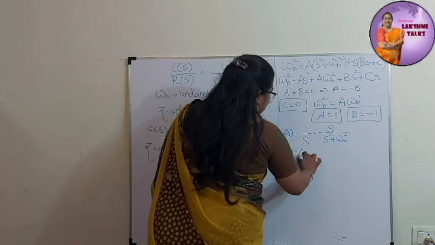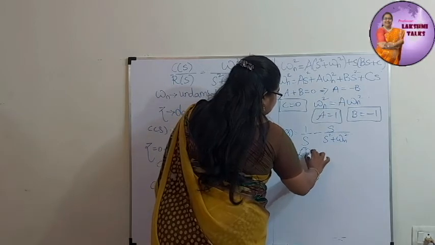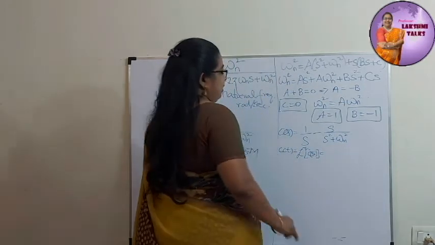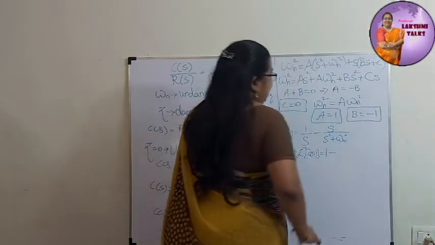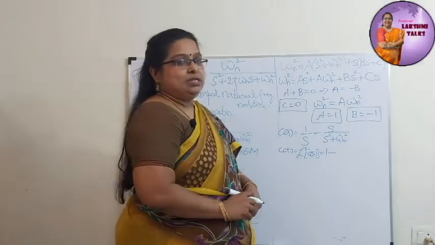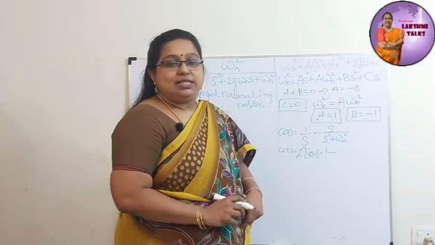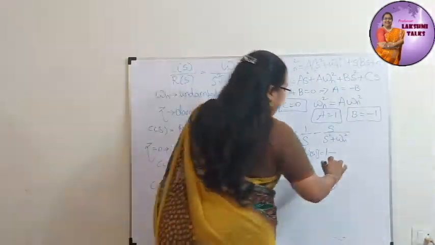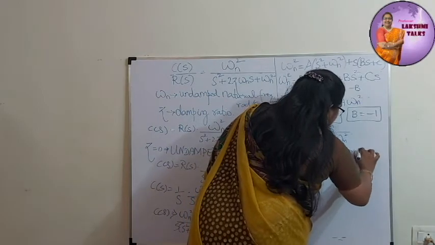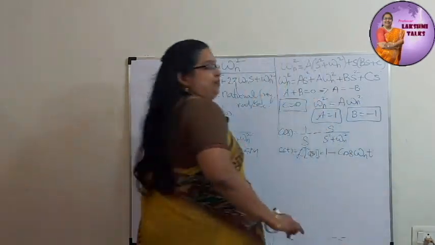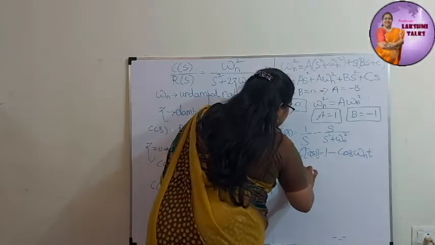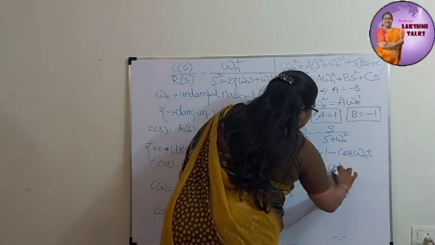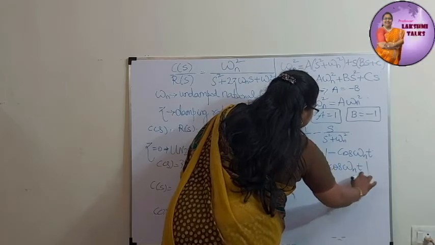C of t is equal to Laplace inverse of C of s, which is nothing but, for 1 by s, Laplace inverse is 1, and for s by s square plus omega n square, we know that it is cos omega n t. So this is the final expression: C of t is equal to 1 minus cos omega n t.